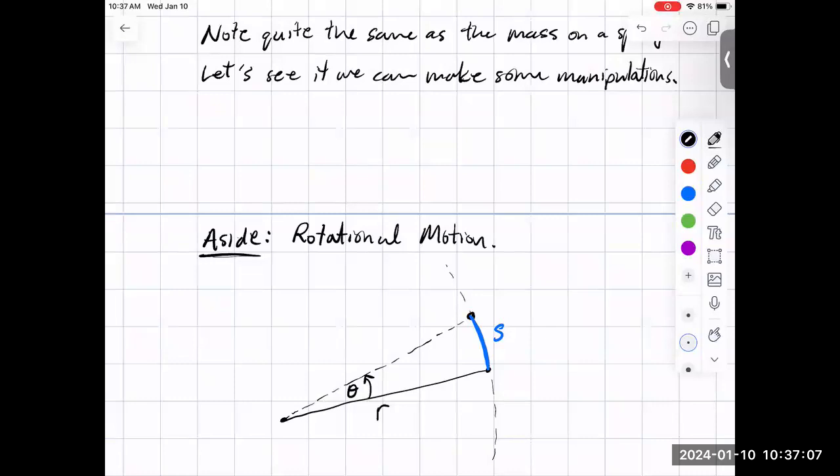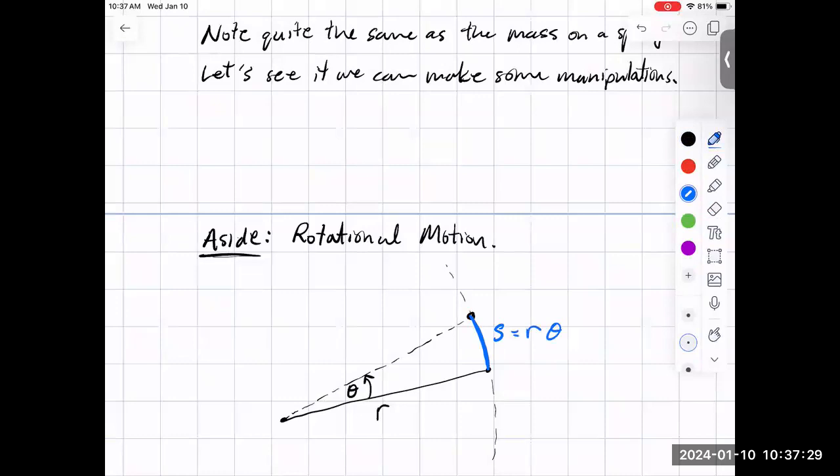So what's the length of this arc S if my angular displacement is theta? R theta. That's right. So the relationship between arc length and angular displacement, theta, is just a factor of r between them.